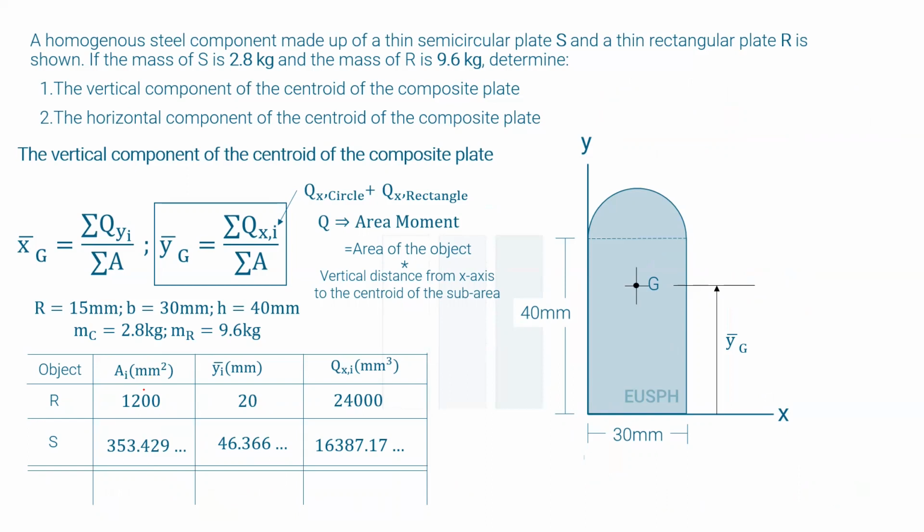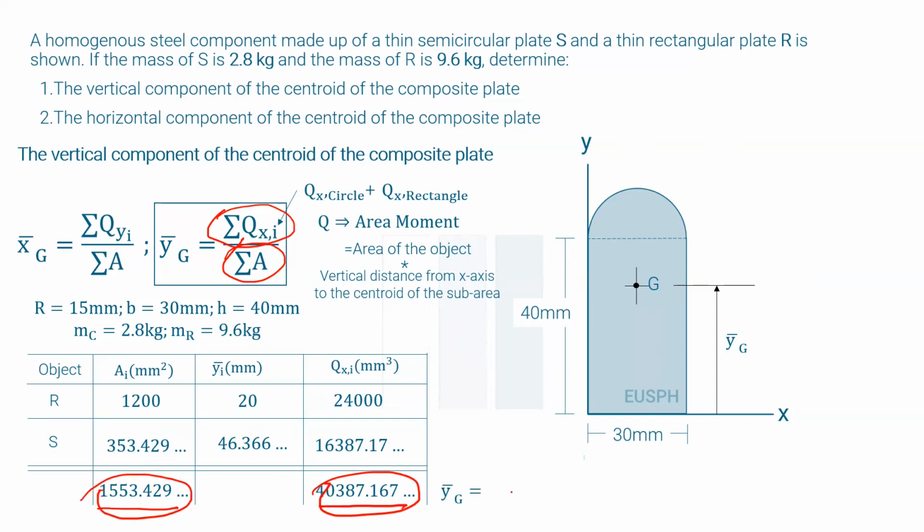So first, kailangan mo i-add yung A. Tapos kailangan mo i-add yung Q. Tapos according to the formula, it's the sum of Q divided by the sum of A. So sum of Q divided by sum ng area, which will give you y bar G. Ito po yan. 26 mm. And you box that, because that's now your final answer. Ibig sabihin, yung y bar G natin, centroid ng composite element is 26 mm above the reference axis x.